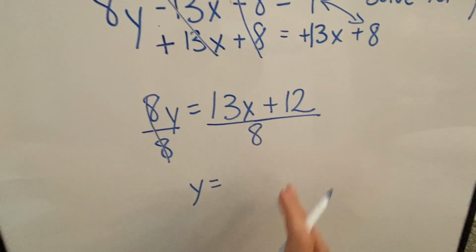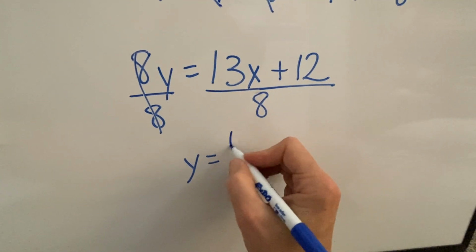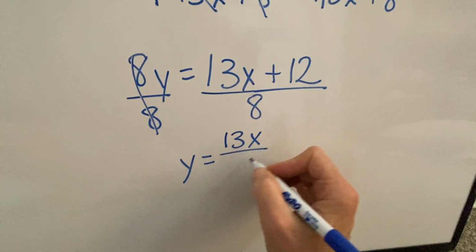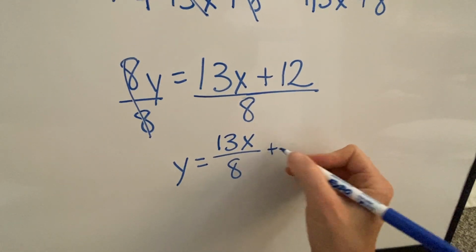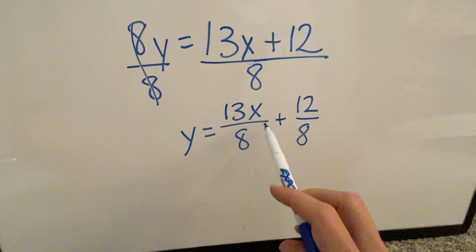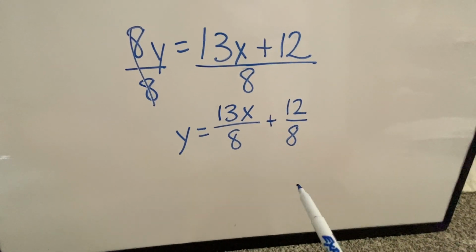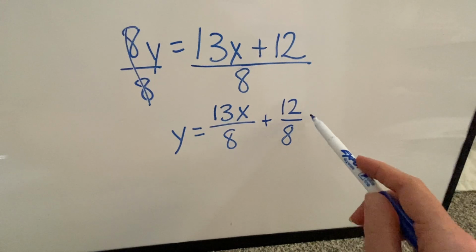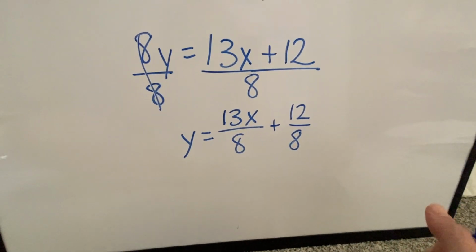You can write it like this, or sometimes they want you to simplify it, so they tell you to write it like this, where each of these upper terms has the denominator of 8. So like 13x over 8 plus 12 over 8. You can reduce this fraction by dividing the top and bottom by 4.